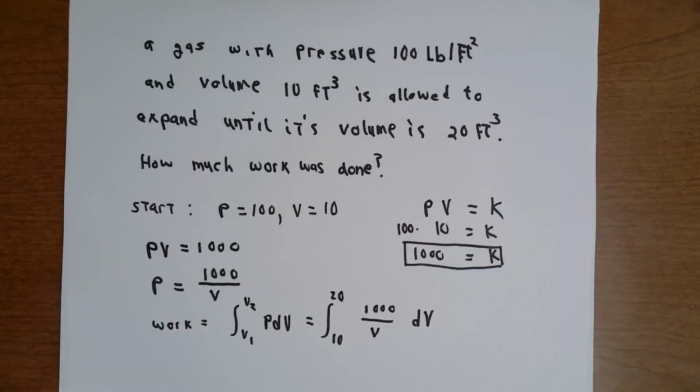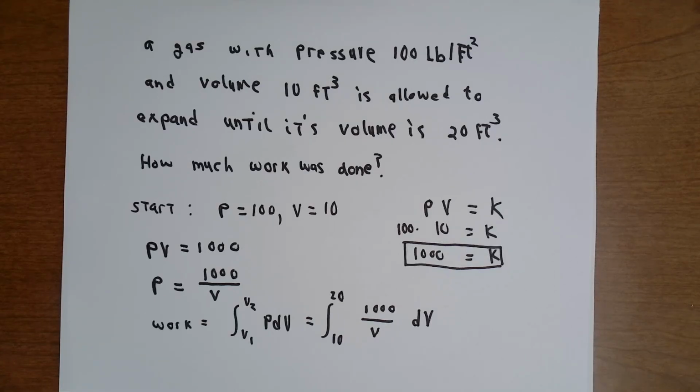If I put the fact that pressure is 1,000 divided by the volume into this formula, and put in the fact that the starting volume was 10 and the ending volume was 20, the amount of work done is the integral from 10 to 20 of 1,000 divided by V dV.